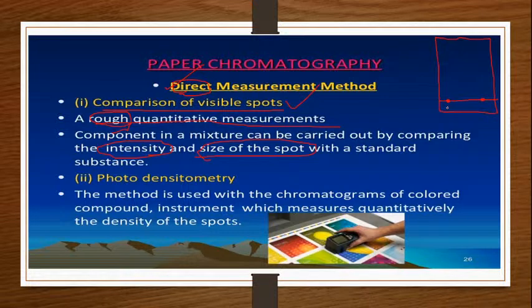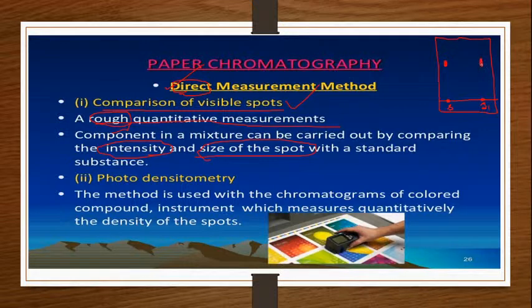So the reference or standard can be labeled as S, and the sample can be labeled as S1. Now after carrying out the development and analysis, you come to know that the reference will give you a spot over here, and sample 1 will also give you a spot over here.